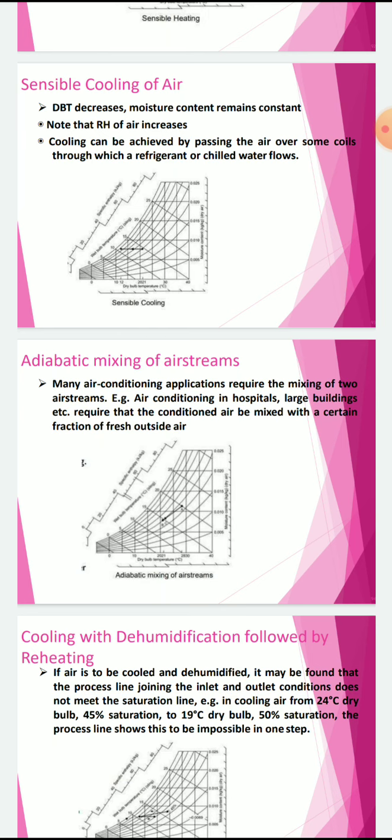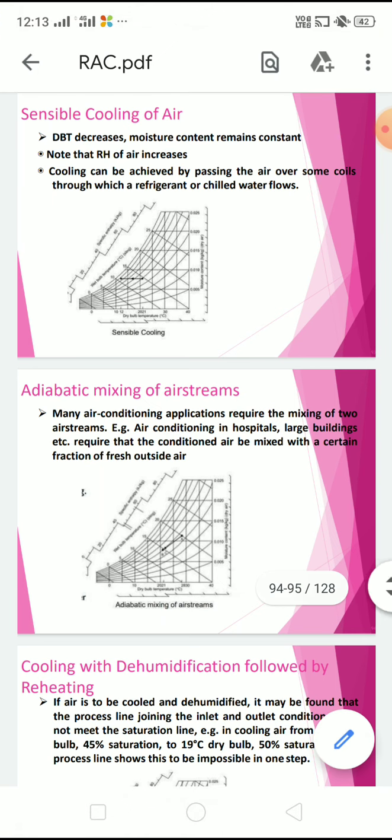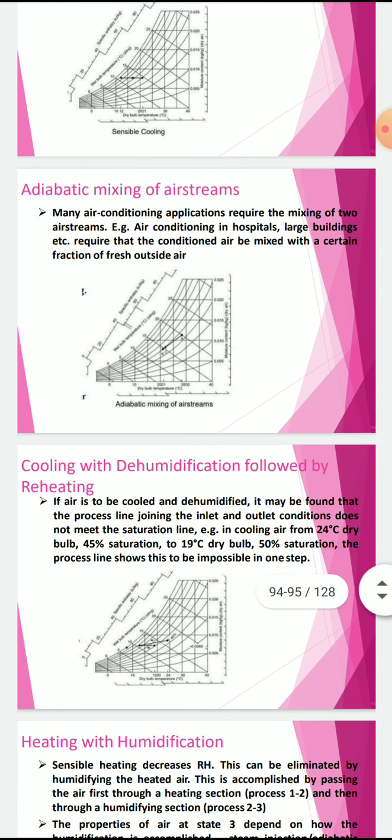There is not much change in the third case. So in adiabatic mixing of streams, we need to check the humidity, specific humidity, temperature, and the oxygen levels. To maintain the oxygen levels properly, we do require fresh air to be supplied to chambers.